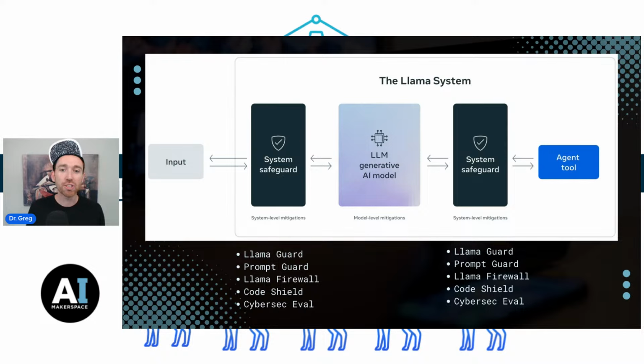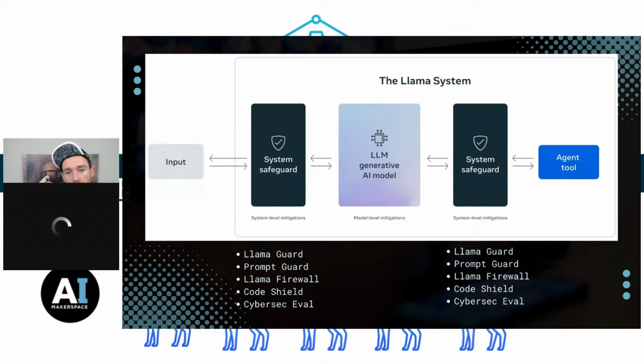We can put all sorts of shields on these things between our user and the model and between our agents and the model. And we probably should, as we start thinking about what a good output looks like. We should think correspondingly, just like any good programmer, about what a really bad output looks like, or the sort of edge cases that we might want to expect as we roll this out to more and more users. So Wiz, I want to invite you back up to have a discussion about all this.